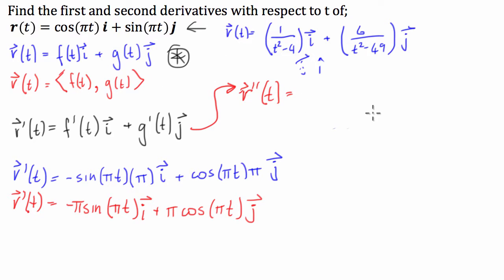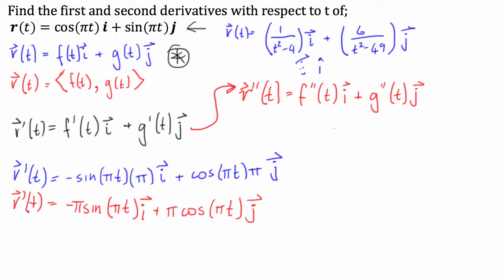We're just going to differentiate the components again individually. So this is just going to be f double dash of t i plus g double dash of t j.